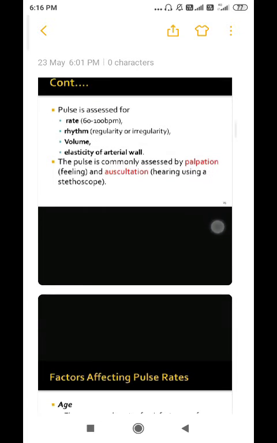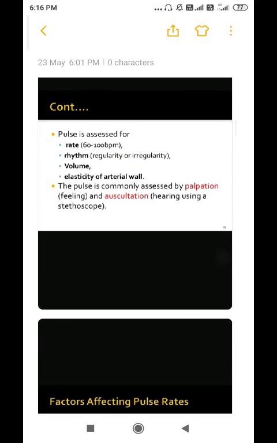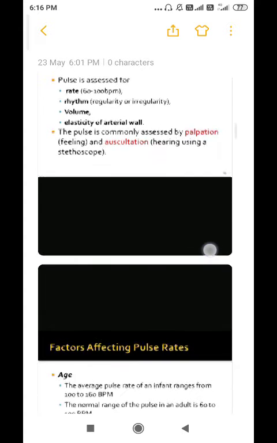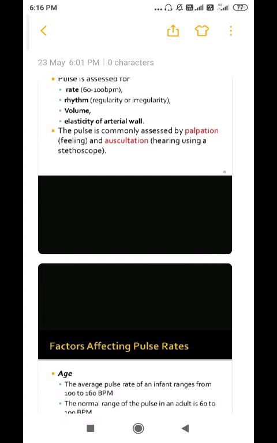And what is the pulse rhythm? It is regularity or irregularity. Next, volume and elasticity of the arterial wall. The pulse is commonly assessed by palpation, feeling, and auscultation, hearing using a stethoscope.